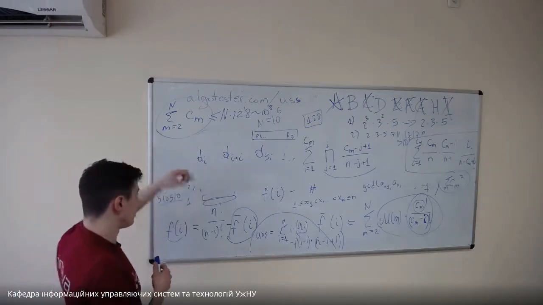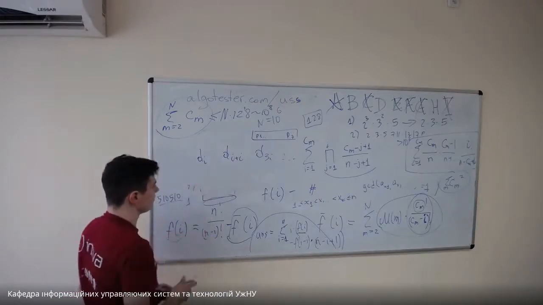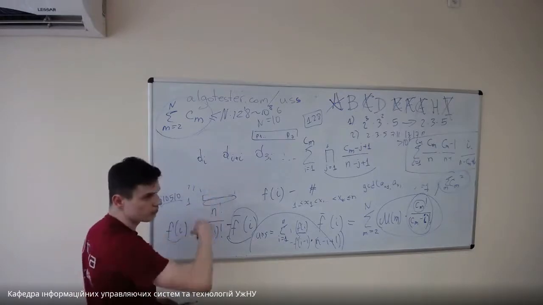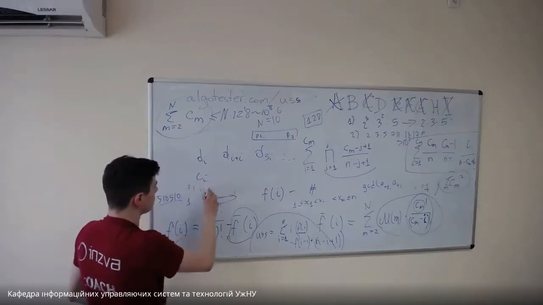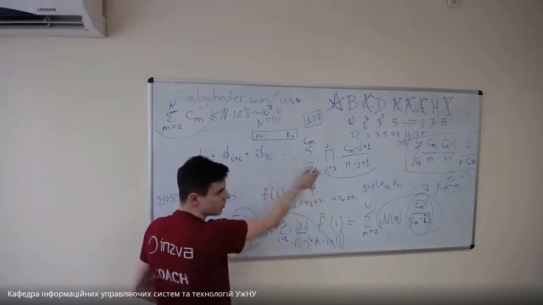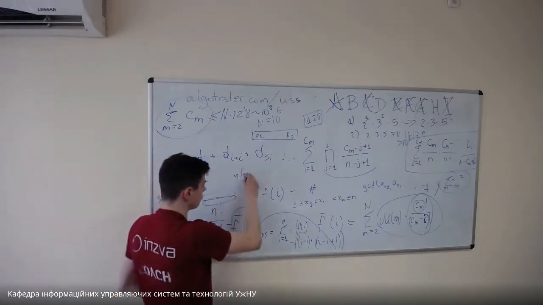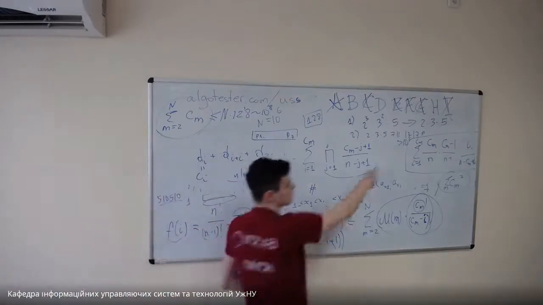So di is the number of times i occurred in the input, d2i is the number of times 2i occurred, and so on. So this means that ci will be equal to di plus d2i plus d3i, and so on. So that's just n log n. Yeah. That's very easy. No need to have any masks.